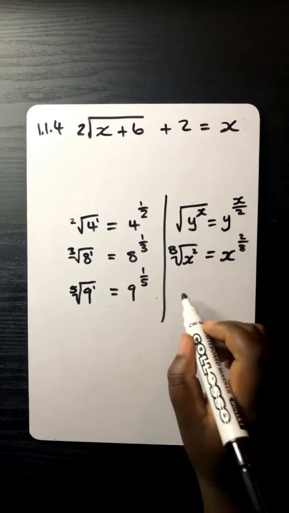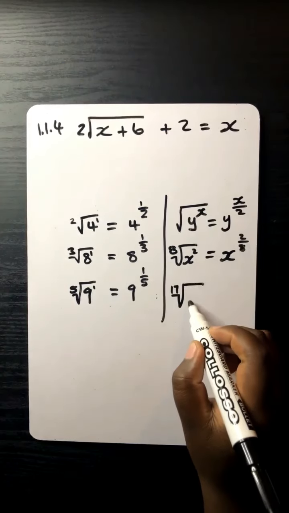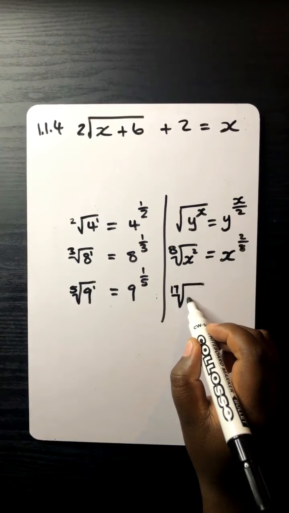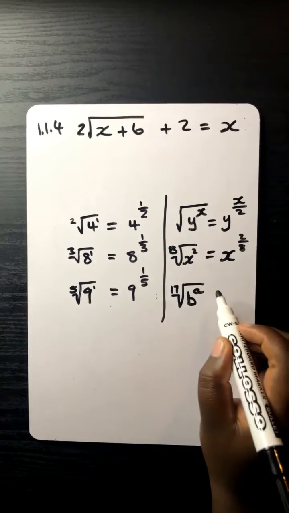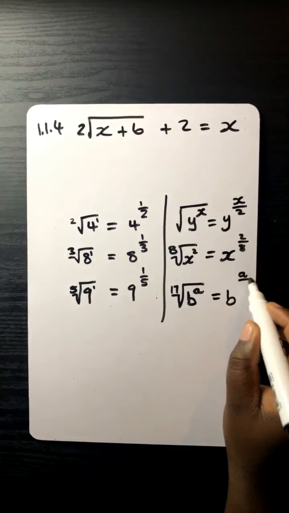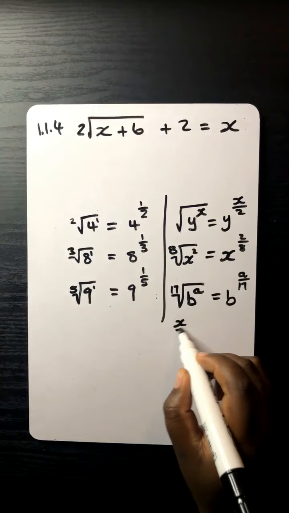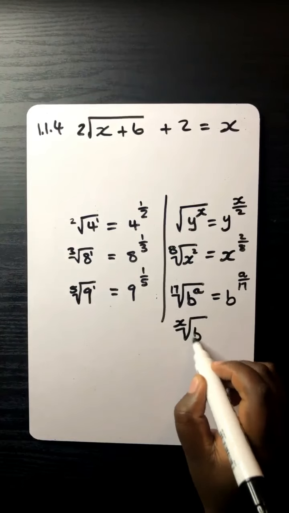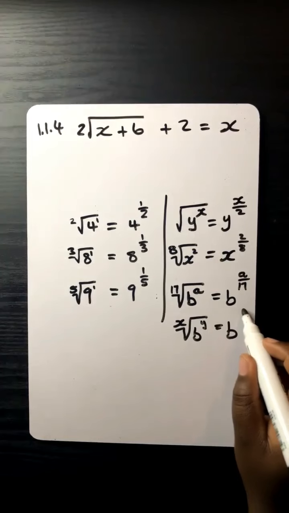Guys, if you've got, let's say, 17 square root of b to the exponent a, this is the same as b to the exponent a over 17. Similarly, if you've got x square root of b to the exponent y, this is the same as b to the exponent y over x.